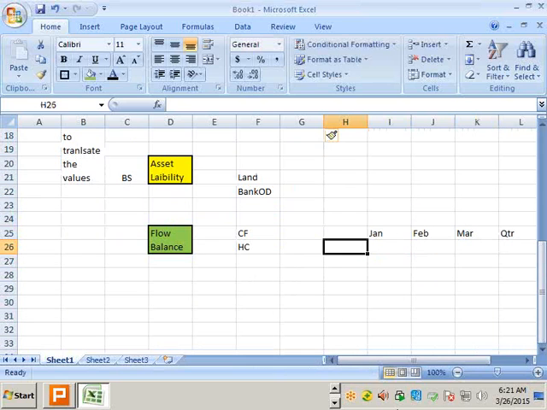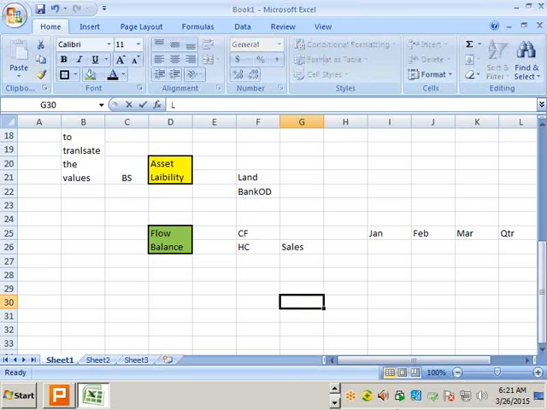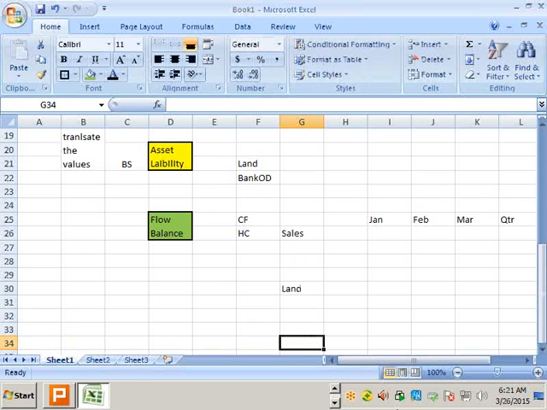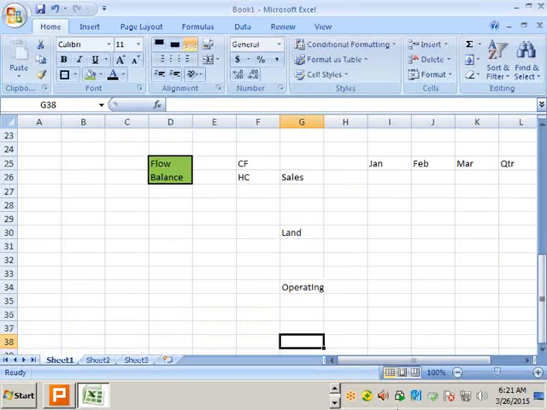Say I am taking sales value here, and here some land value, and here some cash flow movement, meaning operating flow, and here itself I am taking head count.